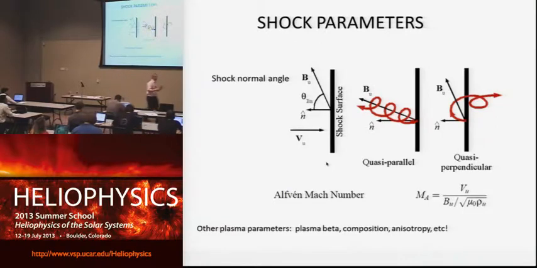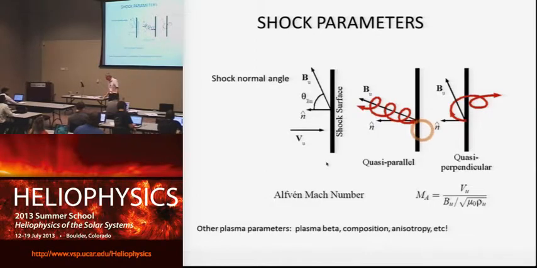So if you think of a particle with gyration, and we put the magnetic field nearly perpendicular to the shock normal, then a particle which is traveling away from the shock has motion perpendicular to the magnetic field. And so the gyration of the particle will bring it back towards the shock. So for a quasi-perpendicular shock, gyration tends to bring the particle back to the shock.